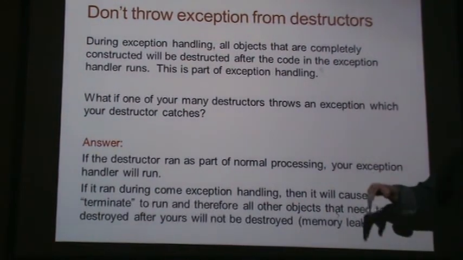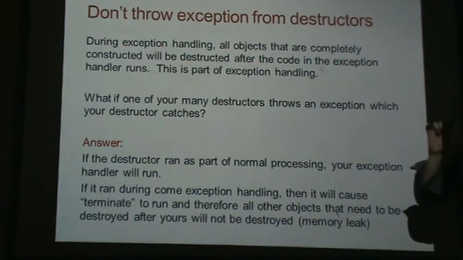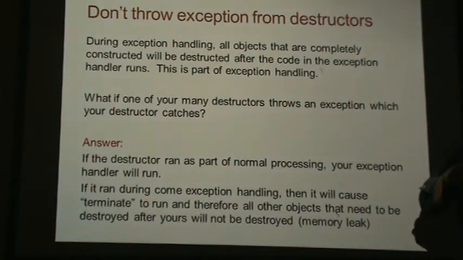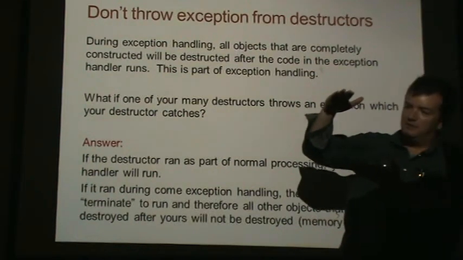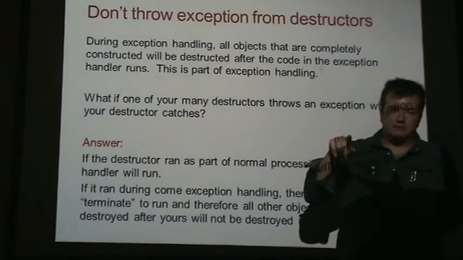Basically the reason why we don't want to throw exceptions in destructors is because when an exception happens, some code runs to handle the block that you're currently in, and then any object created in that block will be destroyed, right? Because that block has now come to an end. Usually you have a try block, and then somewhere in the middle of the try block an exception occurred.